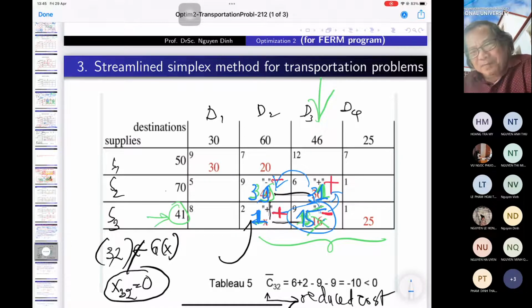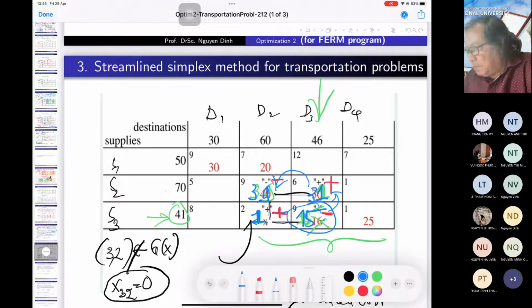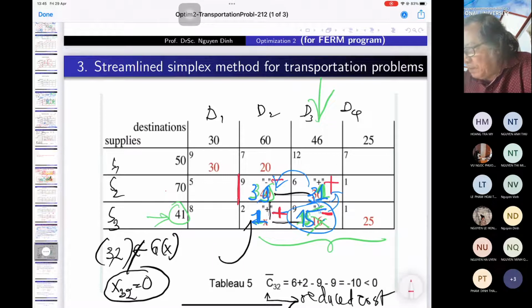Of course, the flow is changing. At the beginning, the cell here, I make it in red. The cell 2,2 is 40, and now it becomes 39.